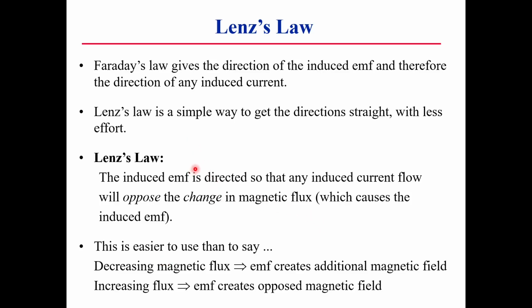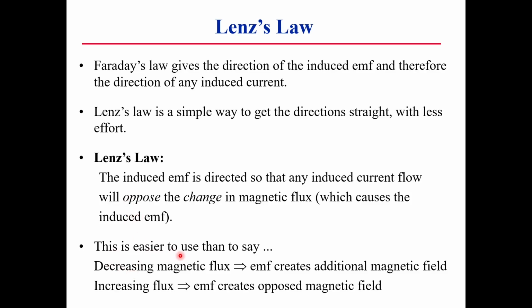It is something like this: suppose you were born, and after being born, you are trying to kill your father, the reason of your birth. So this is how it will oppose the change in the magnetic flux, which causes the induced EMF. This is just a simple example by which you can keep this in mind. So you understood Lenz's law.